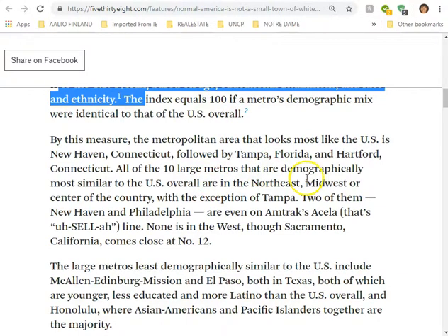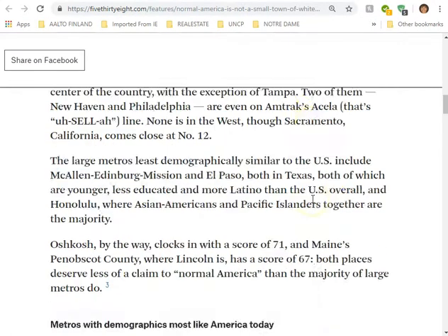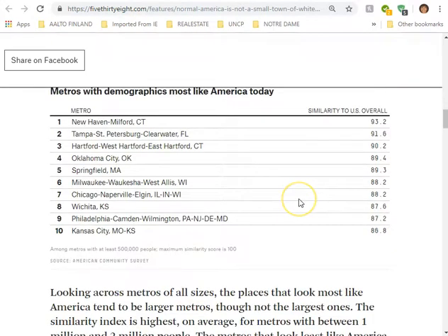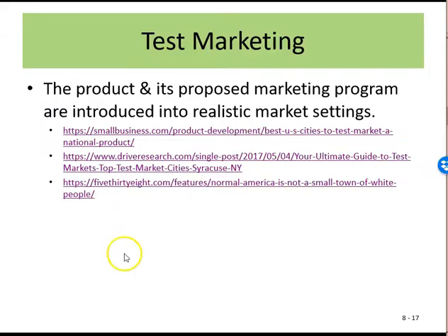And I believe this is the most recent link. So New Haven, Connecticut, followed by Tampa, Florida, and Hartford, Connecticut. These are most like the US overall. Curious to see where you live relative to this. It could be interesting.